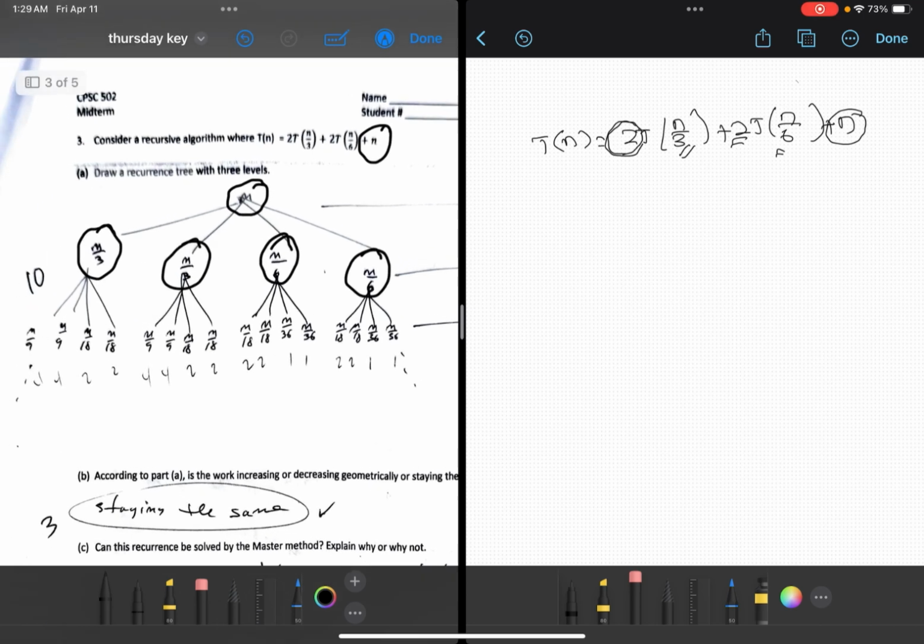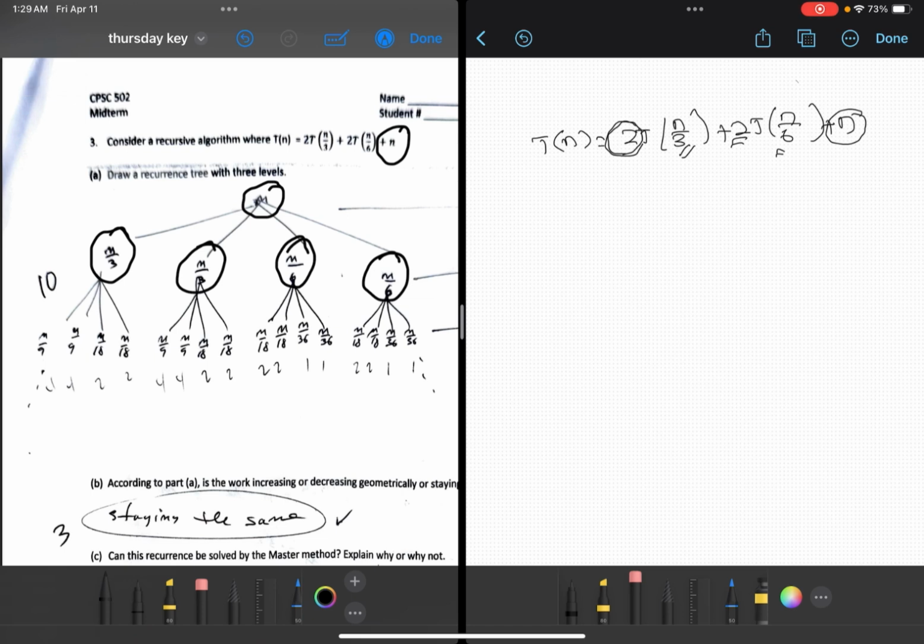And we can see that each of the branches is again getting divided as per this branching. So if the problem size n by 3 goes into this recurrence relation, it's going to produce n by 3 times n by 3, that's going to be n by 9, again n by 9. We have n by 6 times n by 3, that is n by 18, again n by 18.